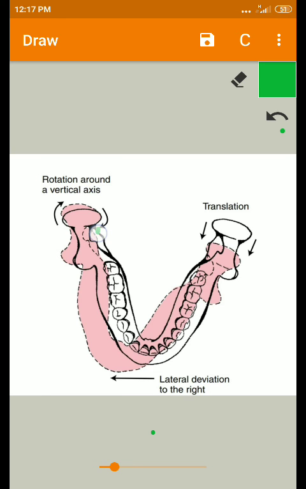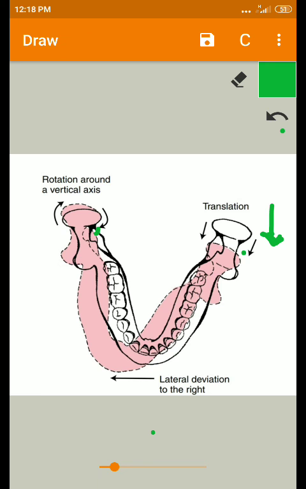This also involves one condyle spinning, whereas the other condyle depresses. It is not translating; the condyle is depressing, with a somewhat downward movement. So one condyle spins and the other condyle depresses.